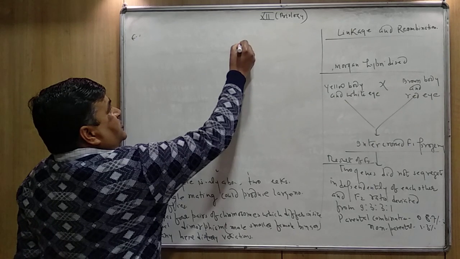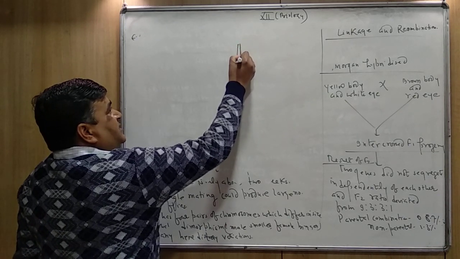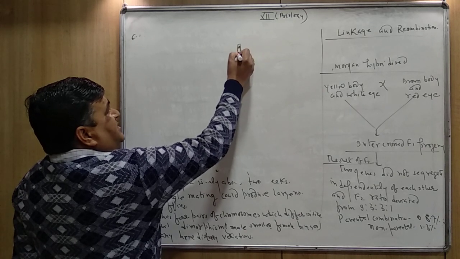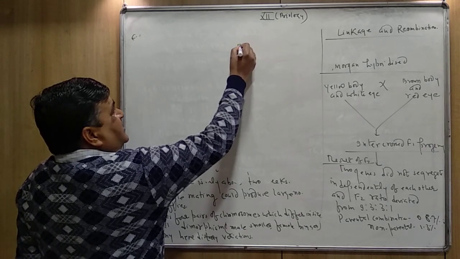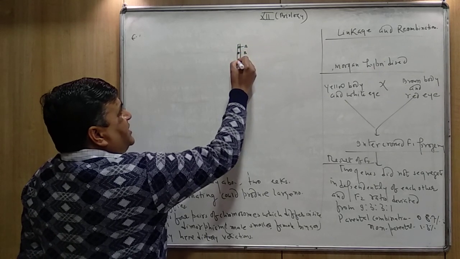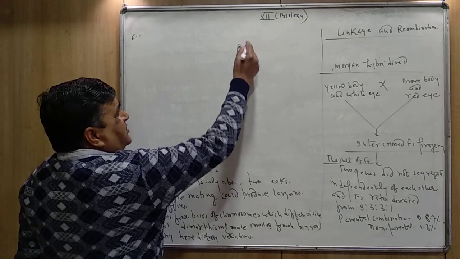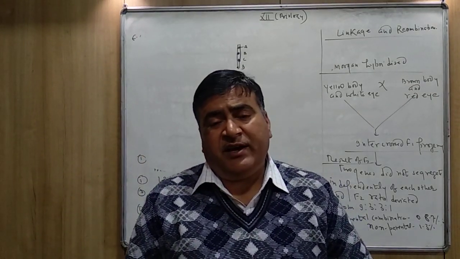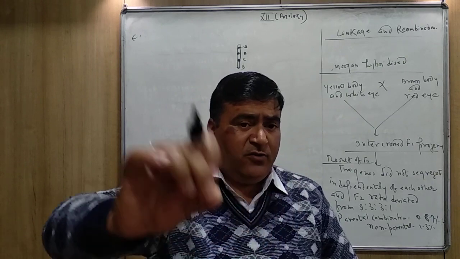Suppose here the paired chromosomes are present, and the genes are located here. This gene is A, this one is B, C, D. These genes are situated on the chromosomes, on different loci.